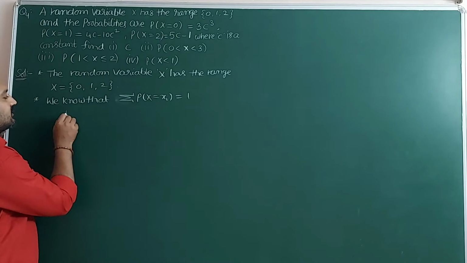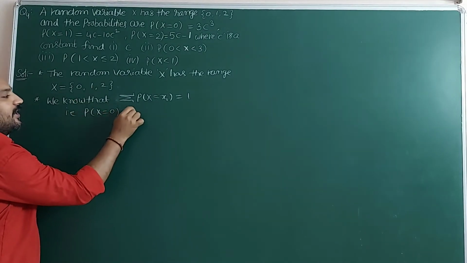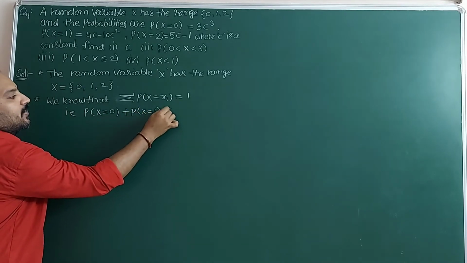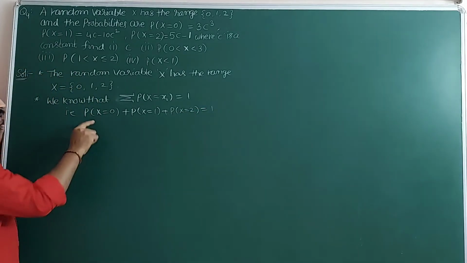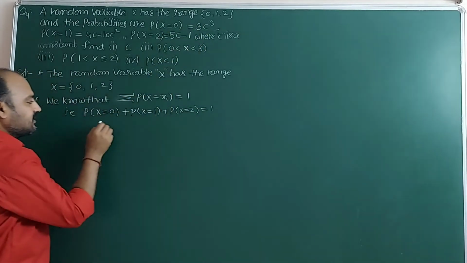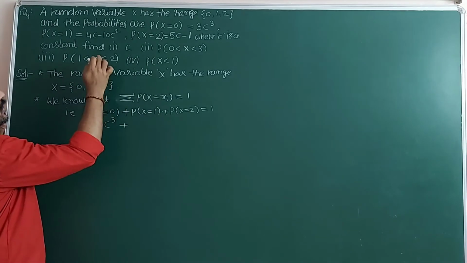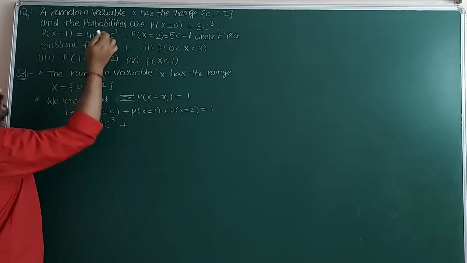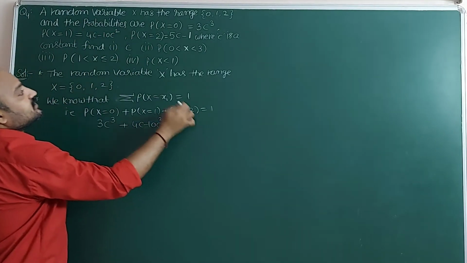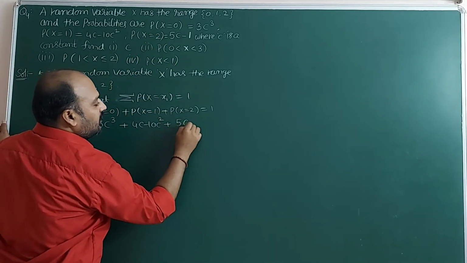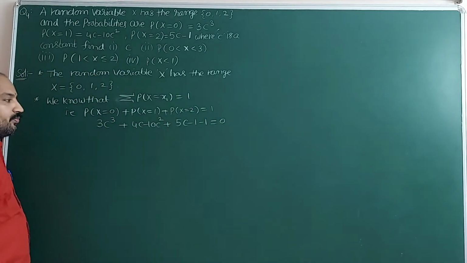So that is P of x is equal to 0 plus P of x is equal to 1 plus P of x is equal to 2 is equal to 1. What is P of x is equal to 0 given that, that is 3c cube plus P of x is equal to 1, 4c minus 10c square, P of x is equal to 2, 5c minus 1. That 1 also I am taking here, minus 1 equal to 0.